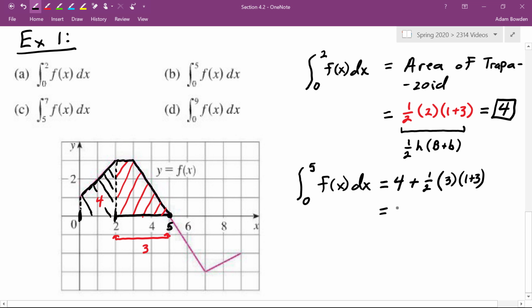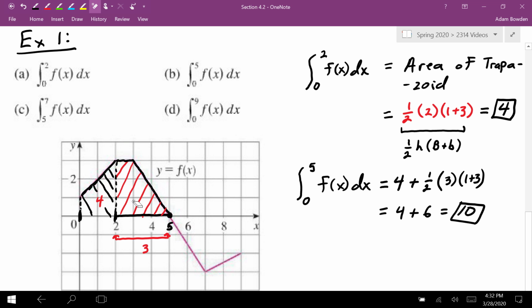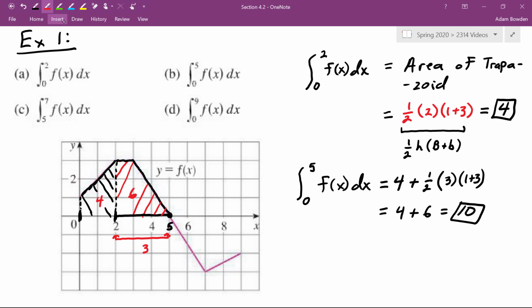So let's see, that would equal 4 plus 6, and that would be equal to 10. So what I just did here is figured out the area contained inside this trapezoid is 6. And adding those two together would get you the integral from 0 to 5.